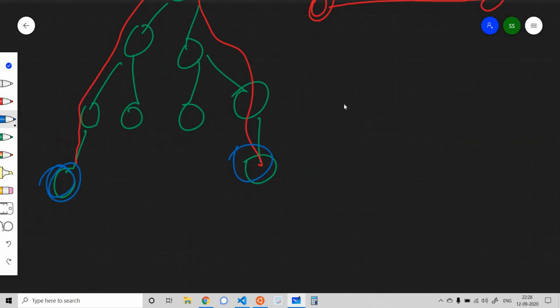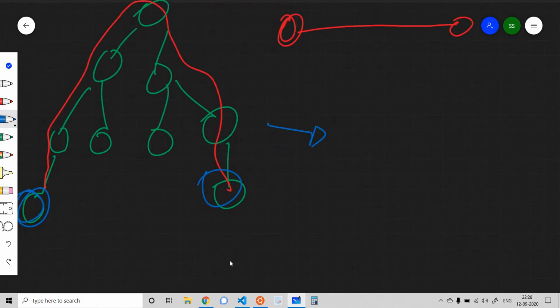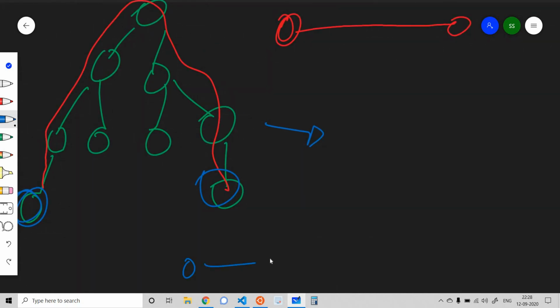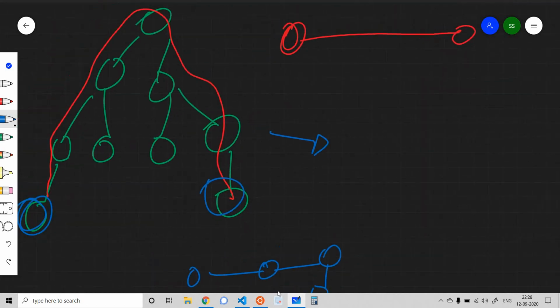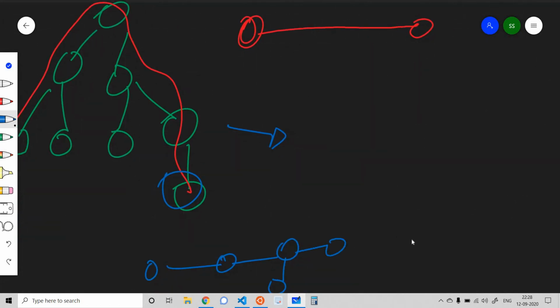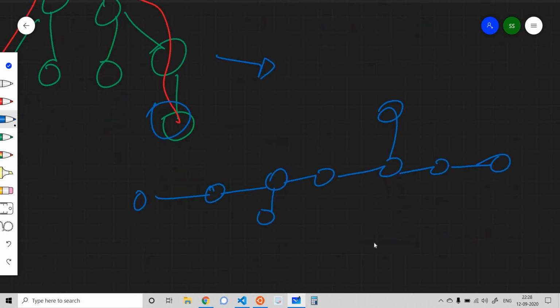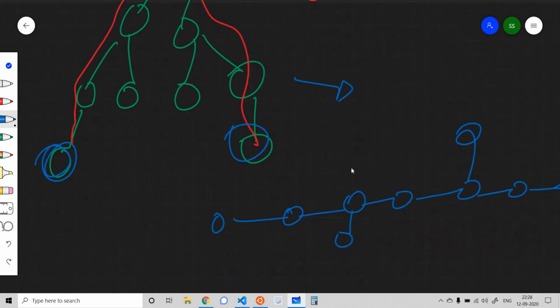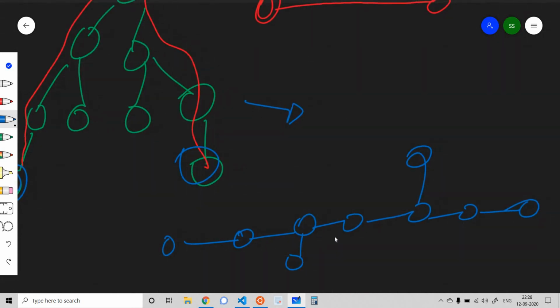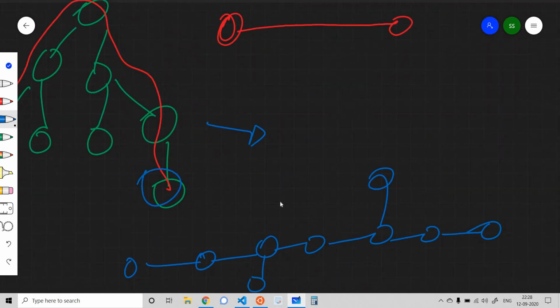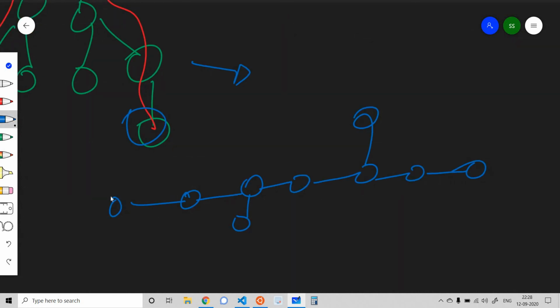So after stretching, this tree will look something like this.